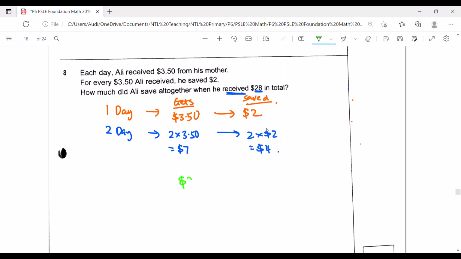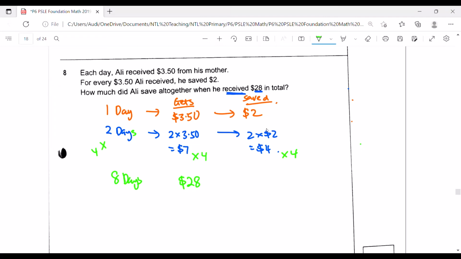How do we get from $7 to $28? So we times 4. So if we times 4 here, we will times 4 here, and we will also times 4 here. So we get 8 days.